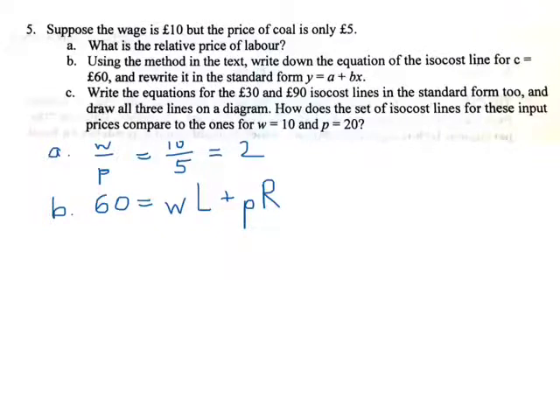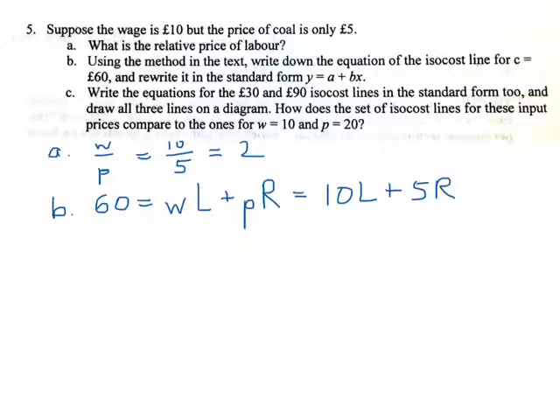And since we know that wages are priced at $10 an hour and coal is priced at $5 a ton, we can substitute that information in. 10L plus 5R has to equal 60.